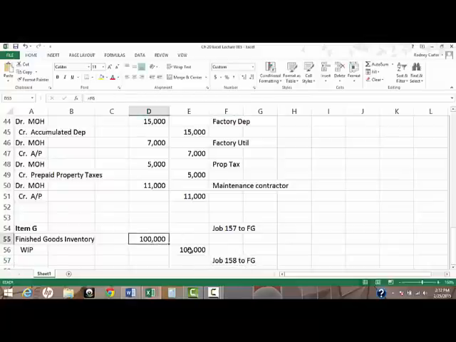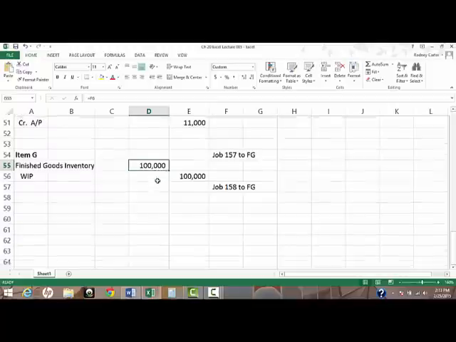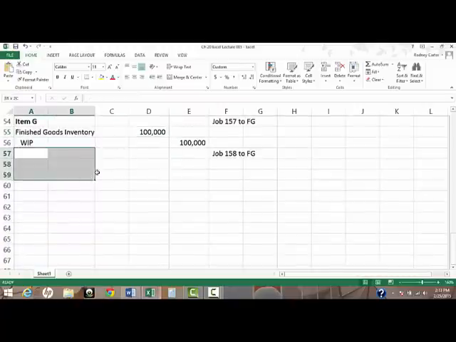What does that do? It reduces WIP and it increases our finished goods inventory because these have been completed. They need to be in finished goods. So you need to finish this by completing the entry for job 159.